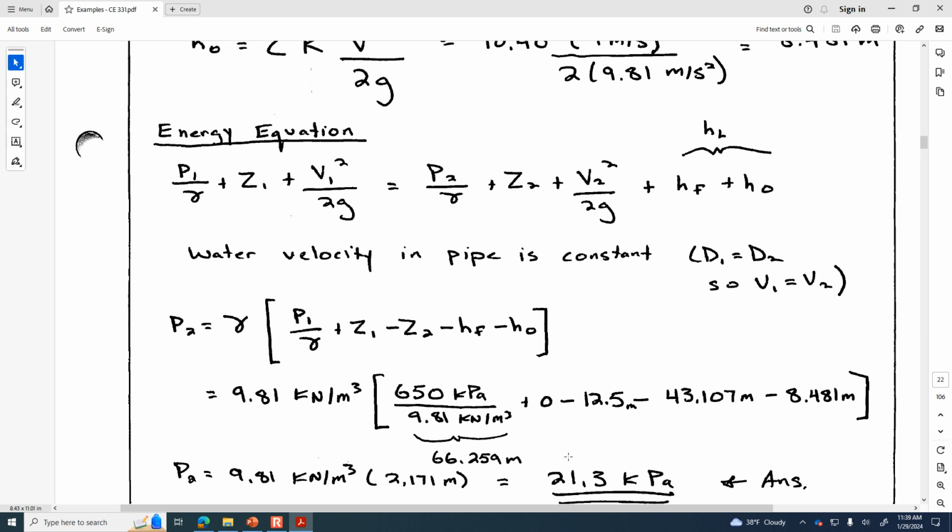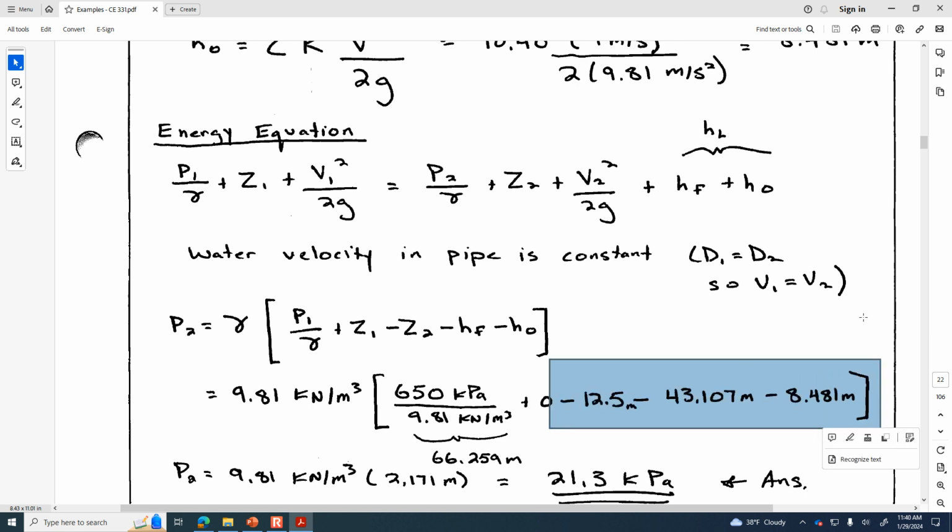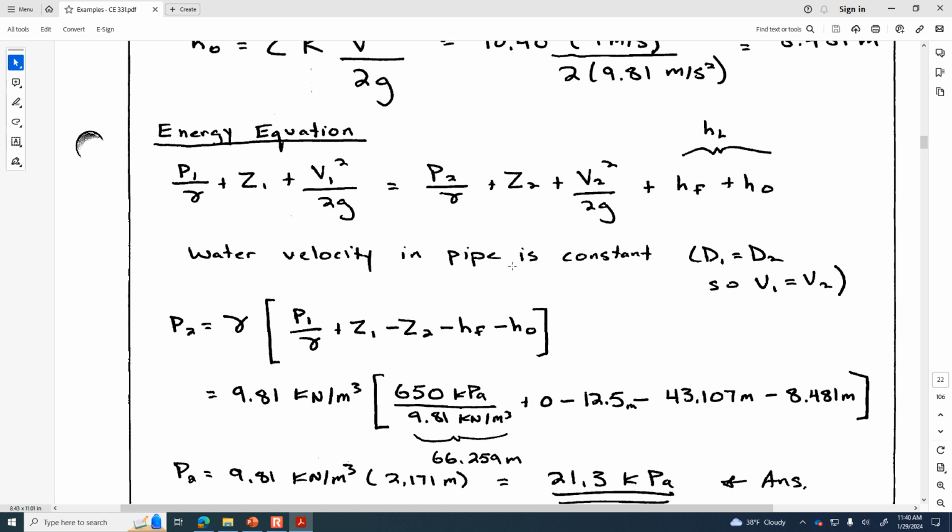So there are limits, and this is below what we'd usually say is the emergency lower limit of 140 kilopascals. So part of the reason why I like to express these each individually is that it tells us what we could do to change the situation. We can't often change the elevation of things.